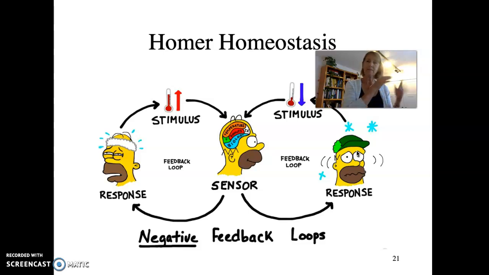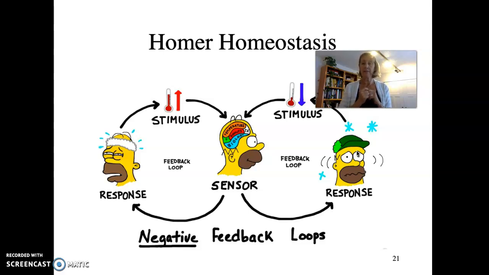One, sweat, get rid of the heat. The other is hold the heat in and shiver, make your muscles move very fast and release some heat. These are all called feedback loops because you have a sensor determining what seems wrong and you're going to fix it. You're going to change something.